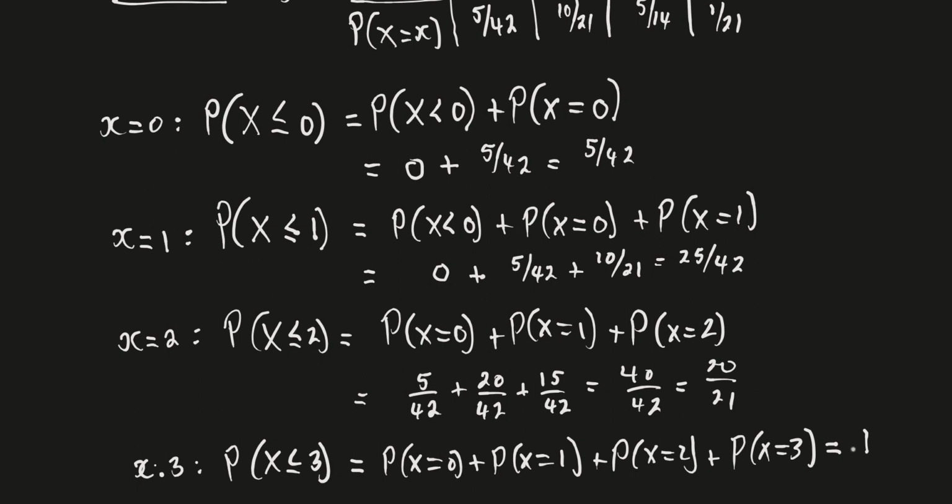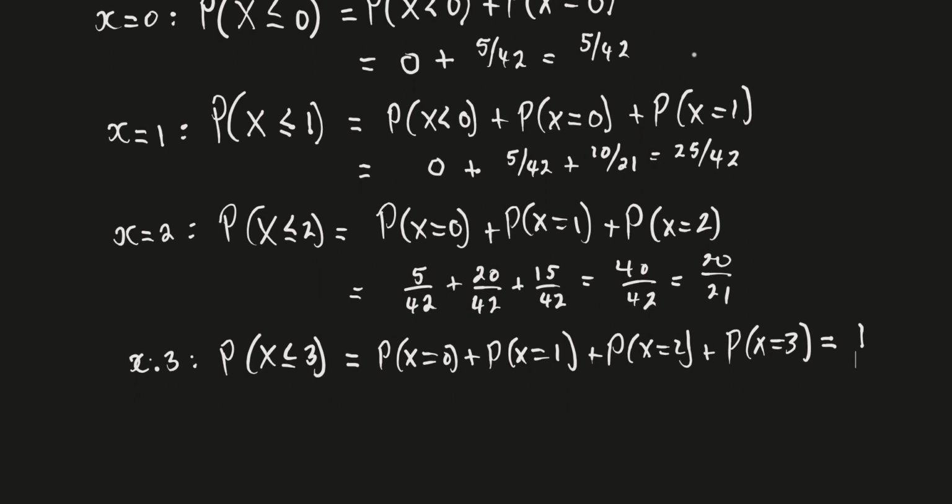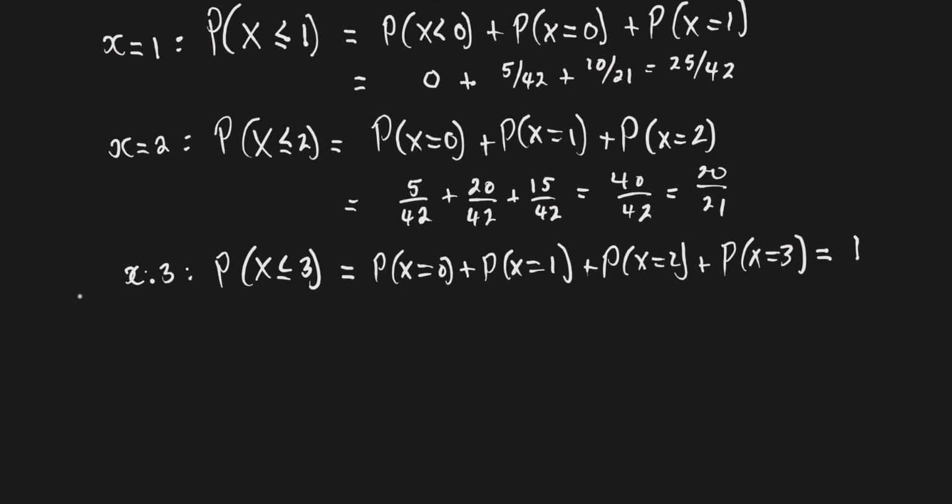And this is another check to make sure that your PDF is correct. Because if these probabilities add up to something that's less than 1 or greater than 1, then we violated our first axiom, right?